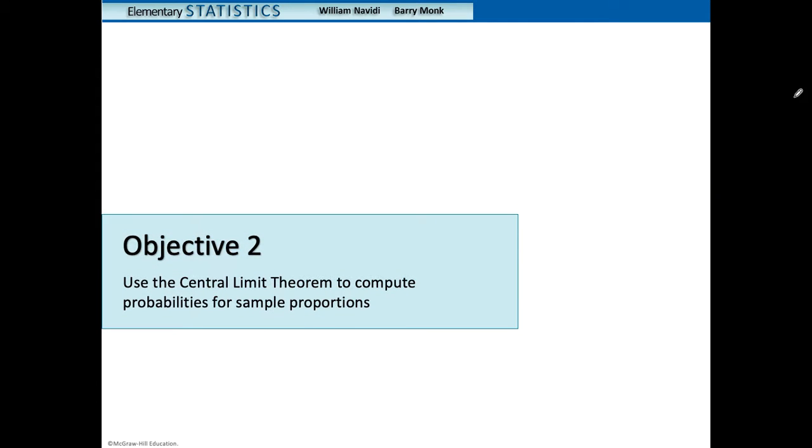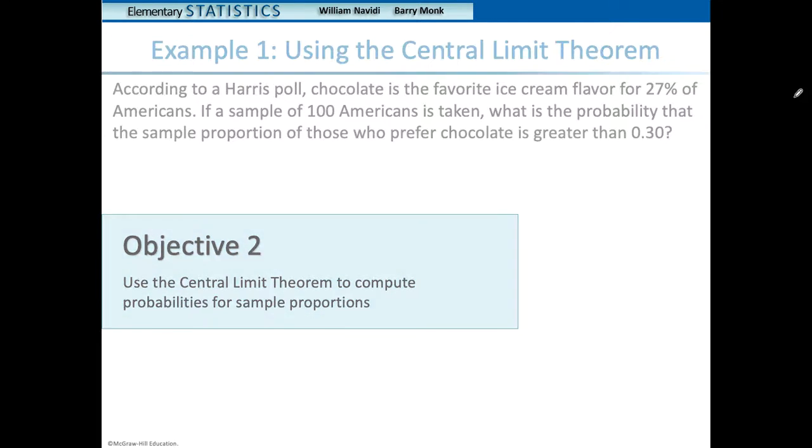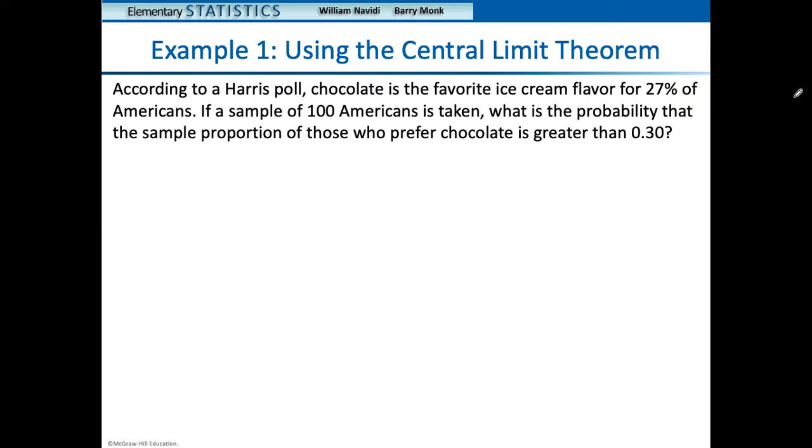So let's go over an example here. According to a Harris poll, chocolate is the favorite ice cream flavor for 27% of Americans. If a sample of 100 Americans is taken, what is the probability that the sample proportion of those who prefer chocolate is greater than 0.3?